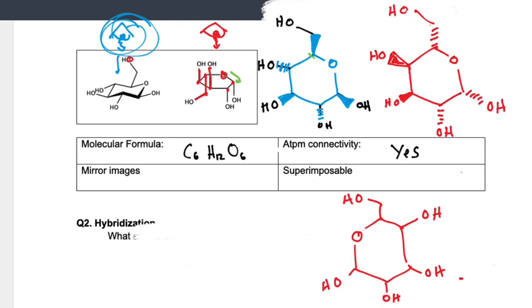But now it's figuring out all the wedges and dashes. Okay. That carbon, it was back, right? And I flipped. Now it's coming at me. That needs to be drawn as a wedge. Okay. This oxygen was coming at me. Now going away. Dashed.